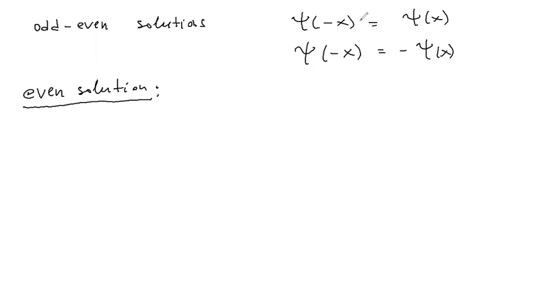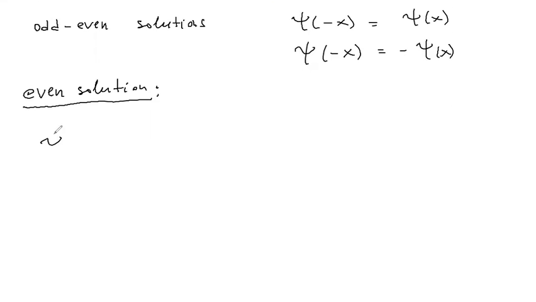For the even solution, I have to care only about one side of the solution, because the second side will be just a reflection. It's a symmetric function. If I know this part, I can easily find the other side. I'm going to keep this in mind.